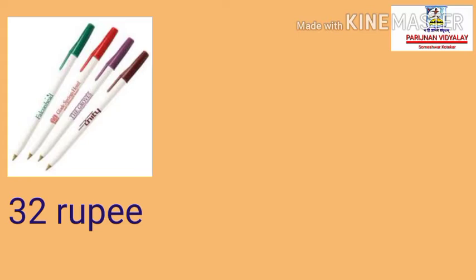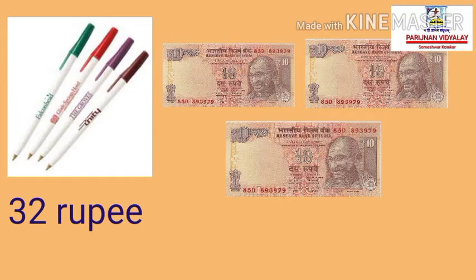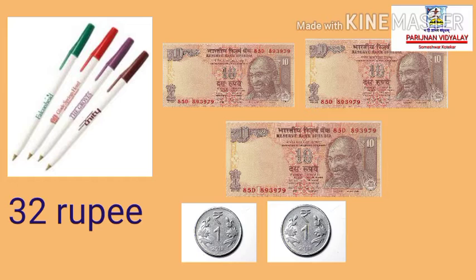Next things are pens. Cost of pens are rupees 32. Tell me students, how many 10 rupee notes and 1 rupee coins are you going to use? Good. 3 10 rupee notes and 2 1 rupee coins makes rupees 32.